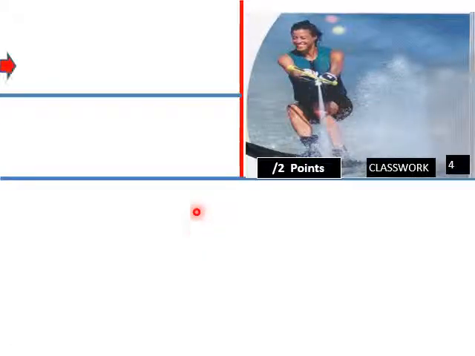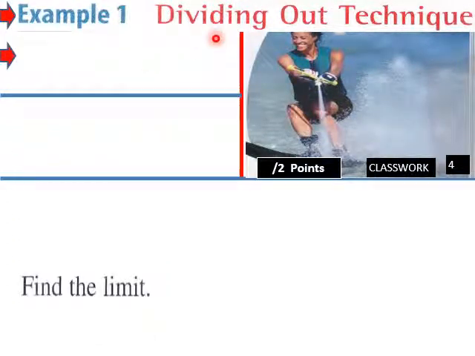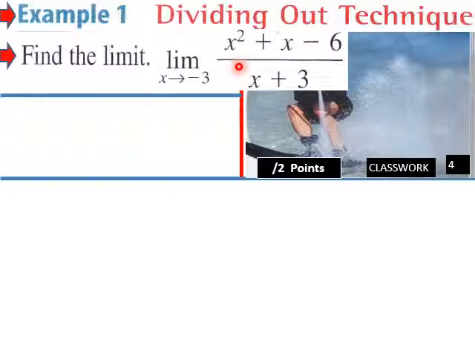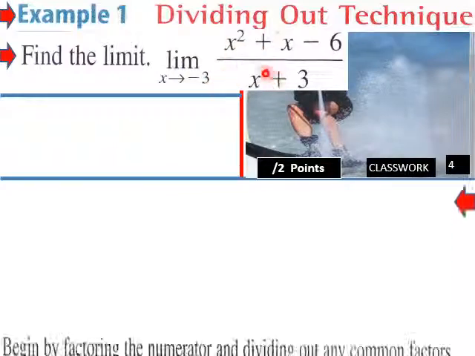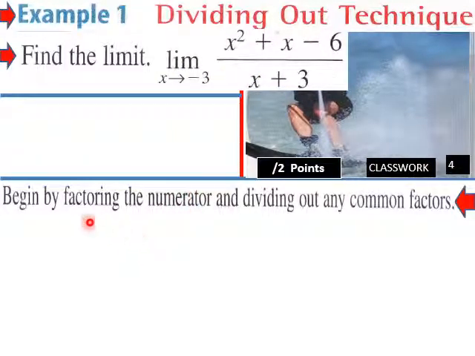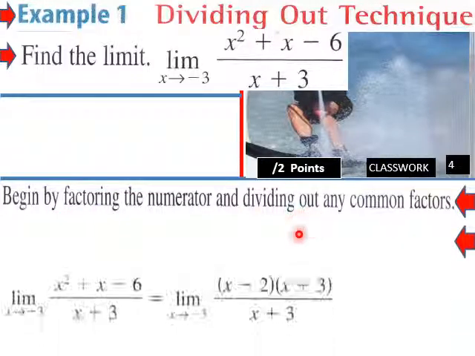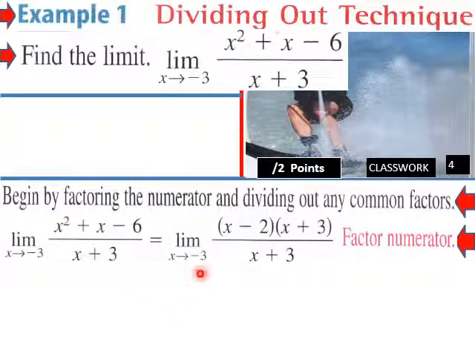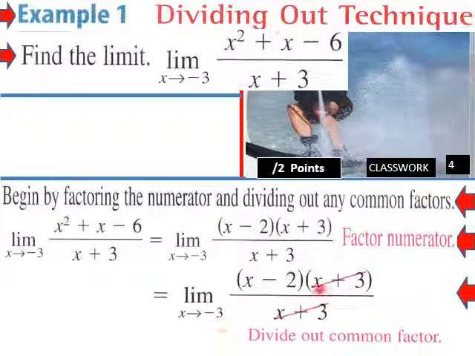Going into example 1, the dividing out technique: find the limit, and we're back to the previous limit. Begin by factoring the numerator and dividing out any common factors. If we factor the numerator, we come up with two binomials, (x minus 2)(x plus 3) over (x plus 3). Then these cancel out, and you'll have x minus 2.